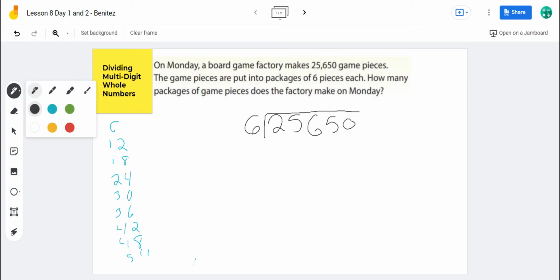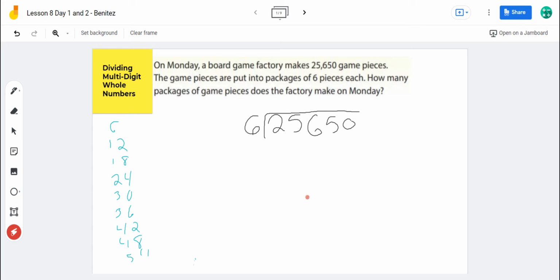So now that I have my multiples, I can start trying to divide this. So normally we look at the first digit. Can 6 go into 2? Basically, can you pull a 6 out of a 2? No, that's not possible. 2 is too small. So now we're going to look at the next digit. So together. Can 6 go into 25? How many 6s can you pull out of 25?